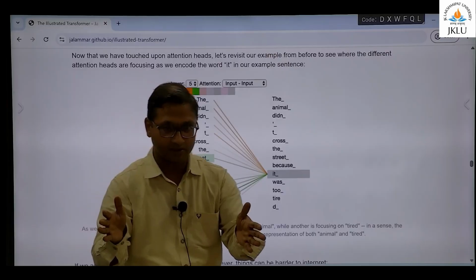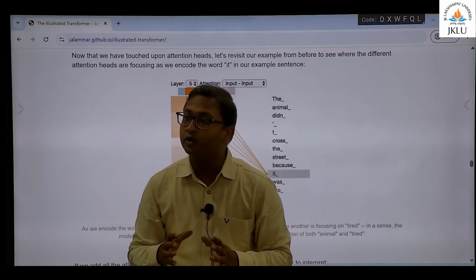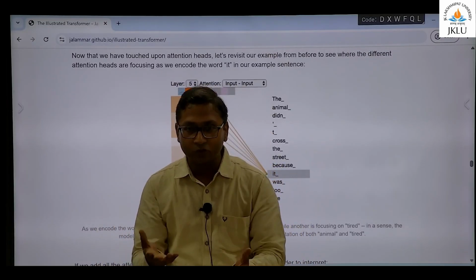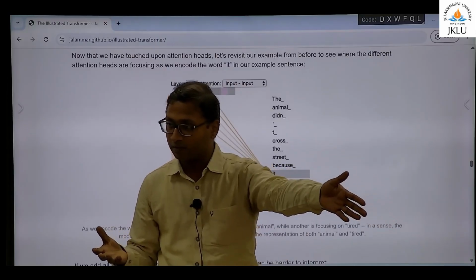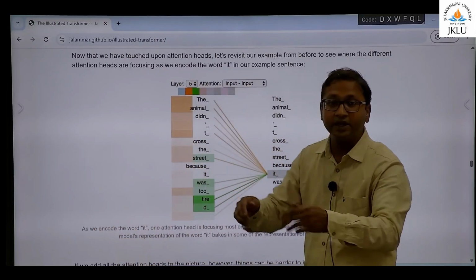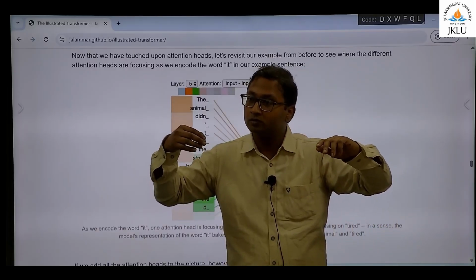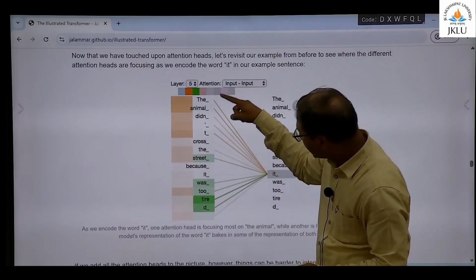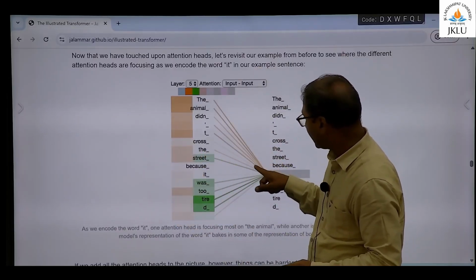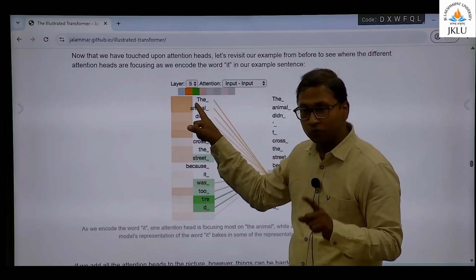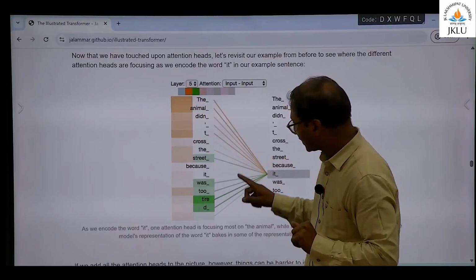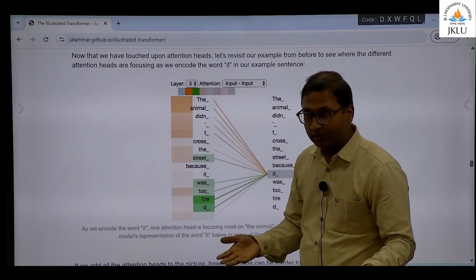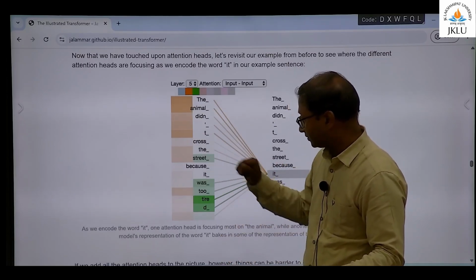They will be fixed, right? But now if you see, it actually depends on the context, right? So in this context, it will actually refer to nouns, right? So in this case, it refers to the animal. There is yet another noun, which is the street.